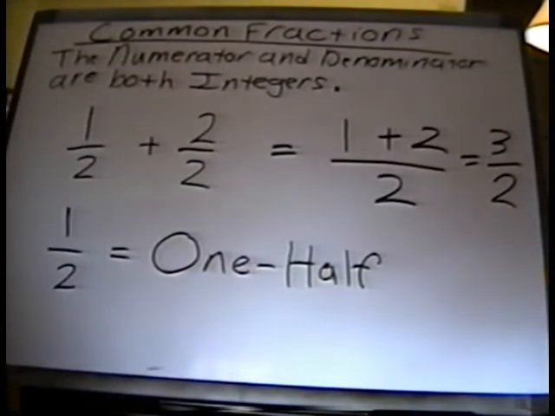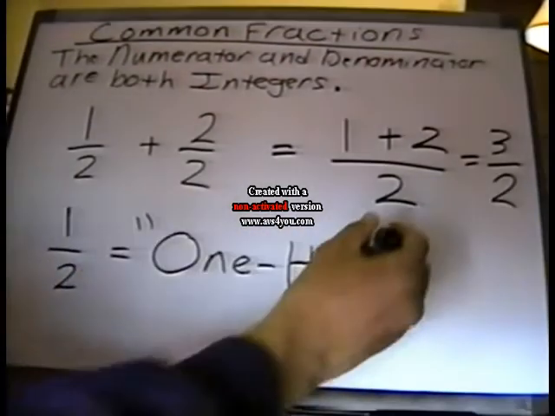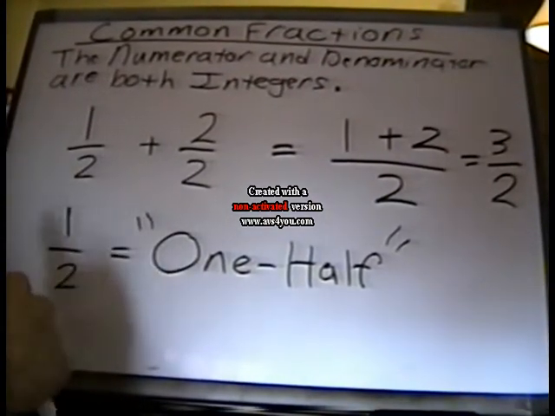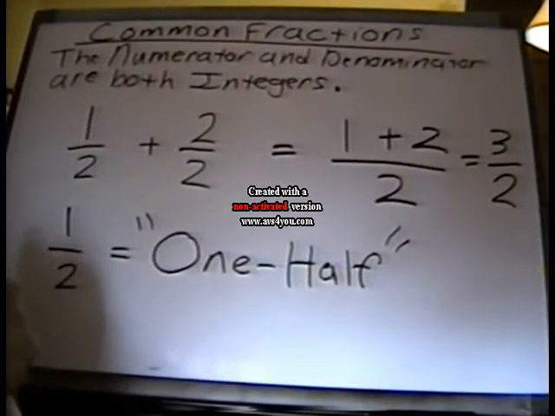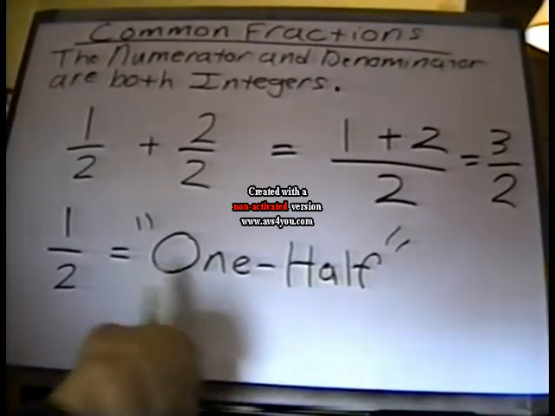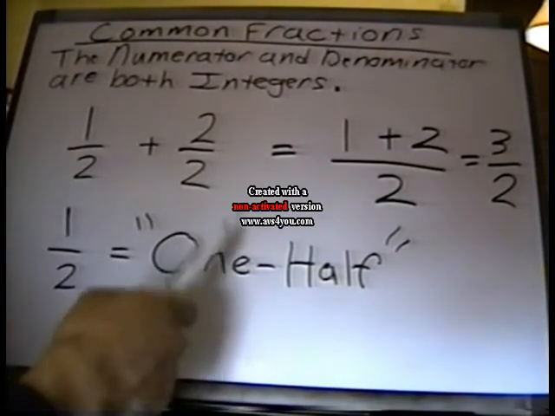Now remember, algebra is also part of the language. So this numerical, we say this is 1/2. That's an English statement. This is a mathematical statement. This is an English expression.